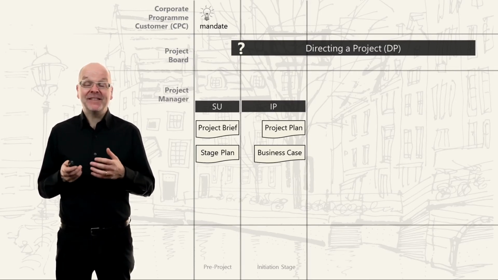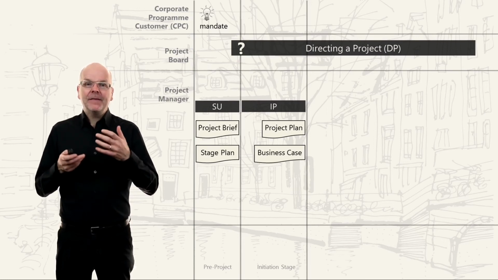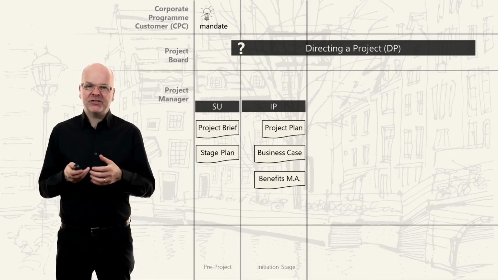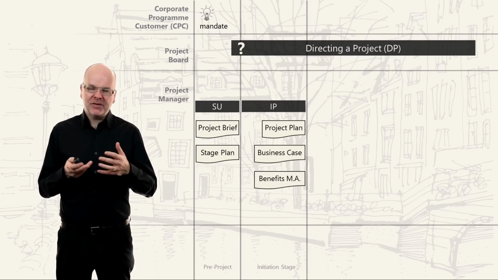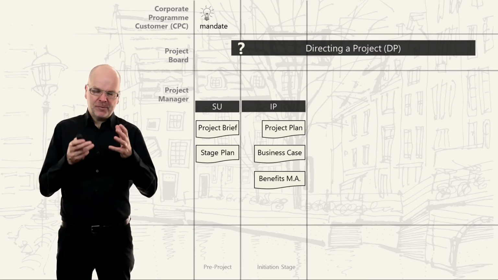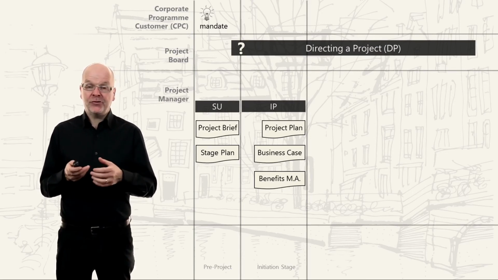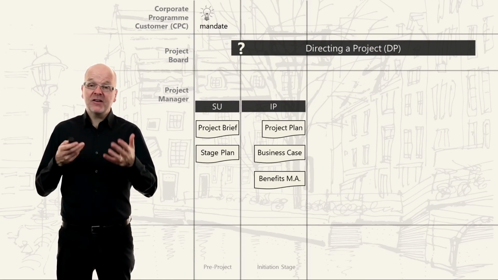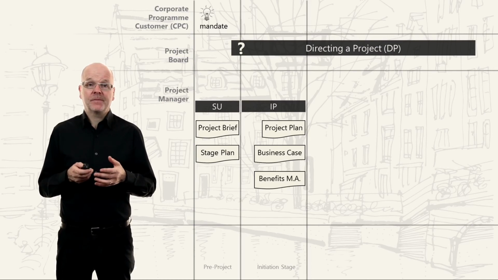So write these down. The benefits are added to a document that we call the Benefits Management Approach document. And we can have the benefits over the next couple of years. So the benefits for year 1, year 2, and year 3. And the kind of benefits we can write down are like sales increases, cost reductions, customer retention, and so on.